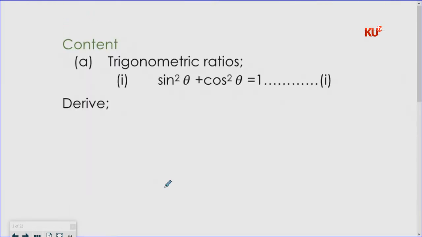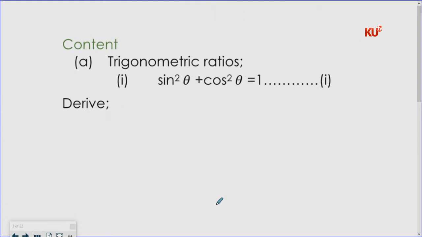So, learner, let's look at our first identity, which is sine squared theta plus cos squared theta is equal to 1. We can derive this very quickly.